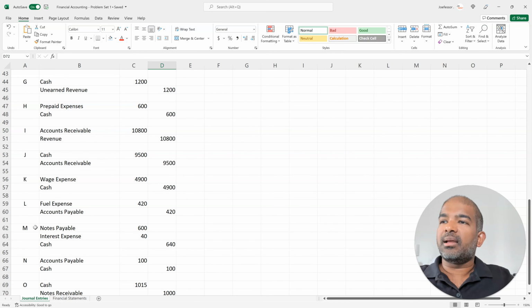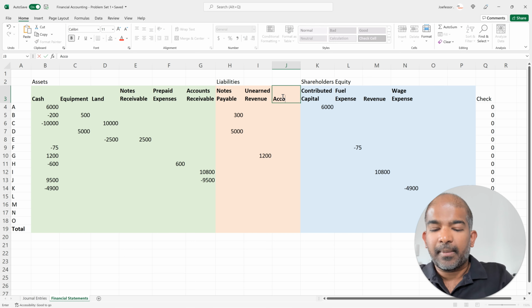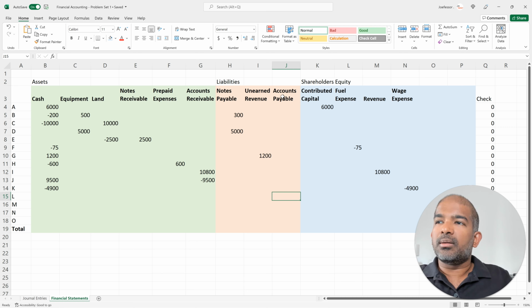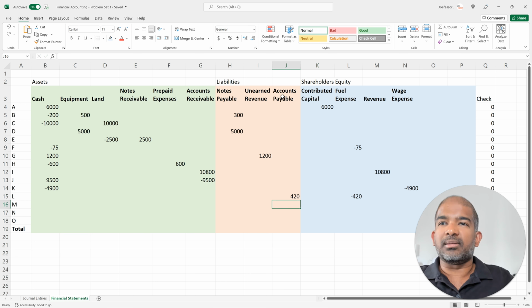L, fuel expense of 420 and accounts payable of 420. So you have an accounts payable, which is a liability, of 420 and you have a fuel expense of 420. Again, I use the negative sign.